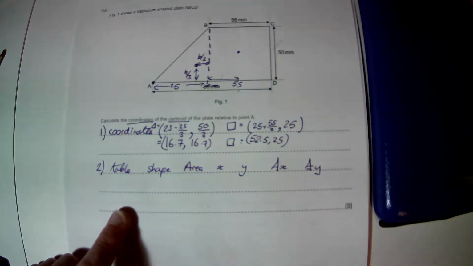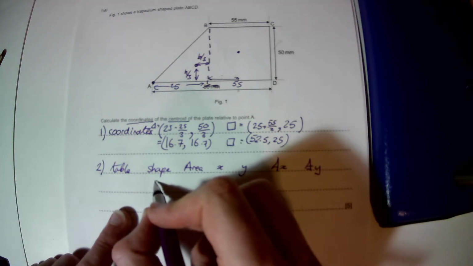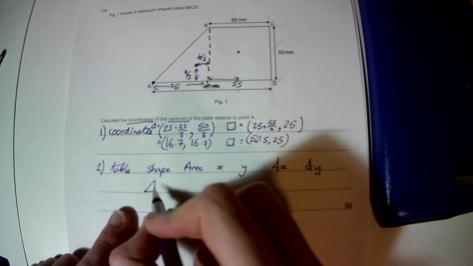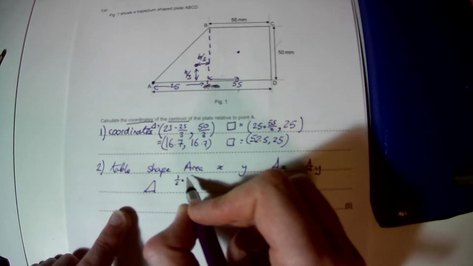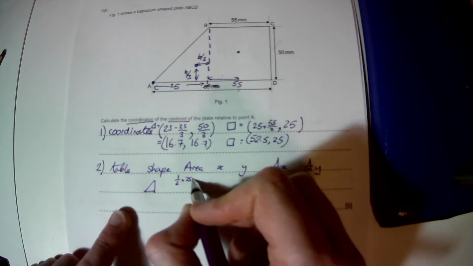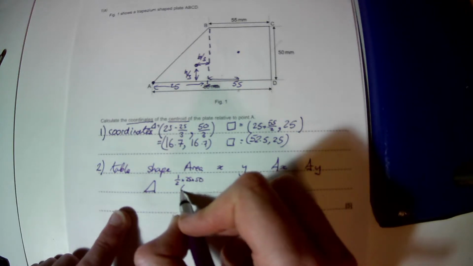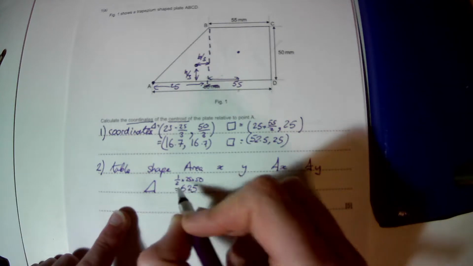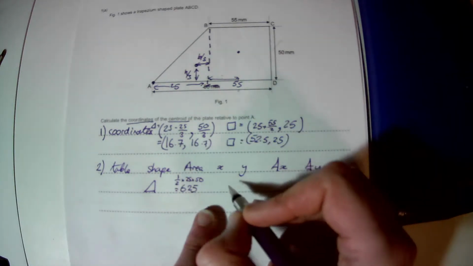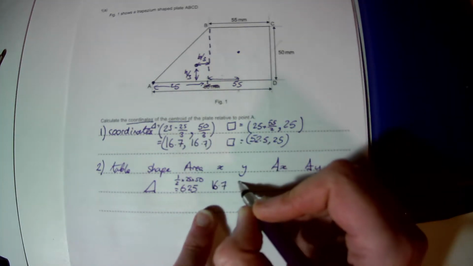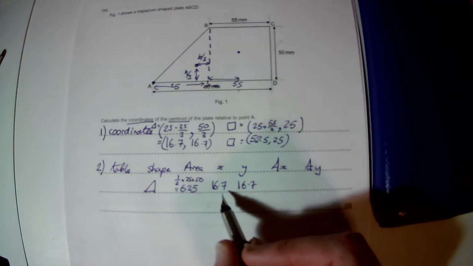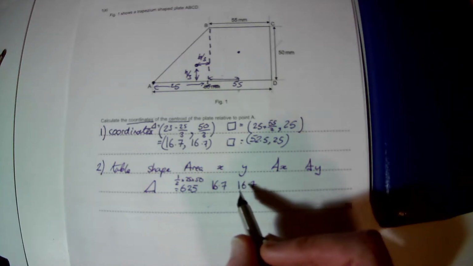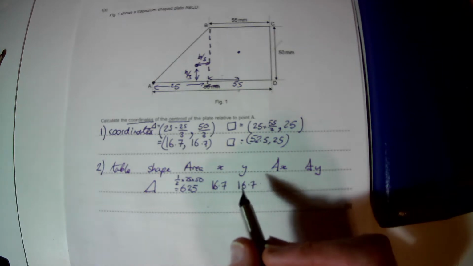I would enter all my values, so I've got my shape, which is the triangle. Its area is going to be half times the base times the height, which is 625. Its x coordinate is 16.7. Its y coordinate is 16.7. However, in my calculator, I would leave that as 16.6 recurring for the accuracy.